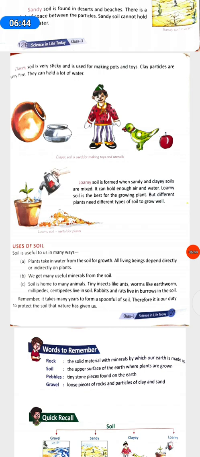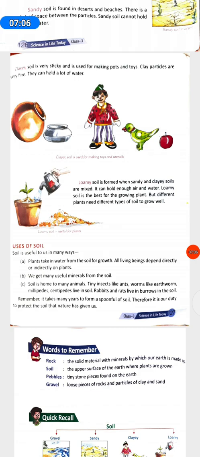Loamy soil is formed when sandy and clay soils are mixed. It can hold enough air and water. Loamy soil is the best for growing plants, but different plants need different types of soil to grow well. Loamy soil useful for plants.